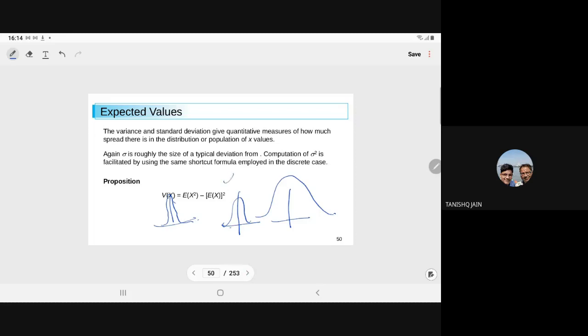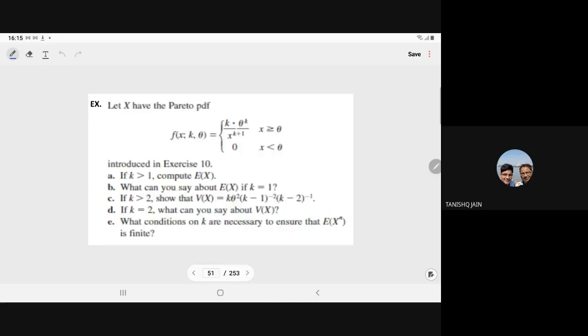And this is the shortcut formula for computing the variance.